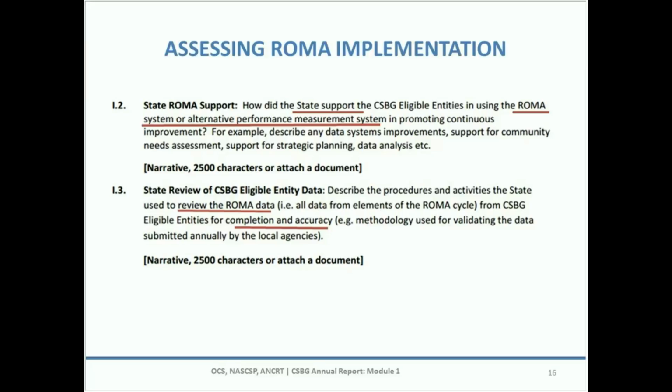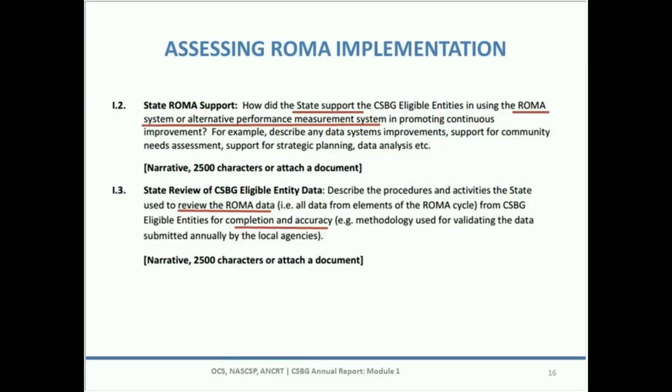And so in I.2, how did the state support the local CSBG eligible entities in using the ROMA system? How did the state, for example, describe any data systems improvements or community needs assessment support and so on? And so there's a narrative that will be added in that section.